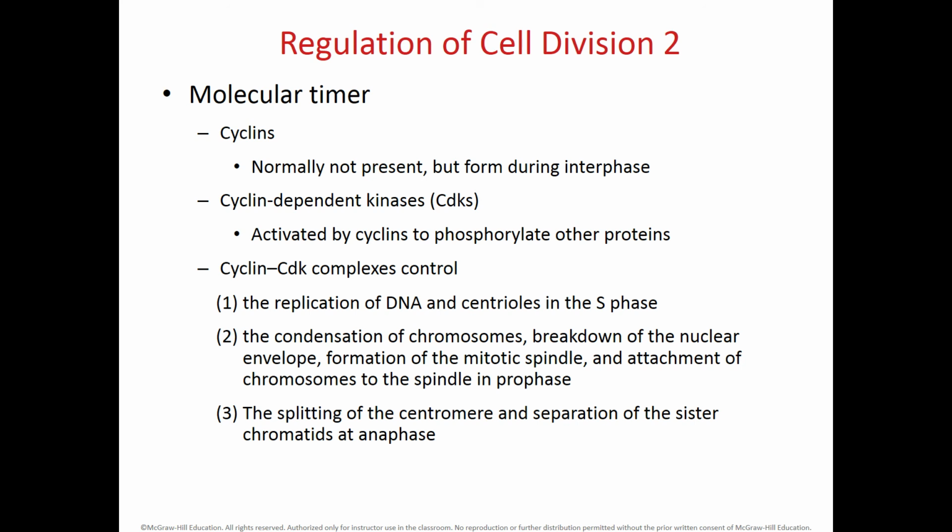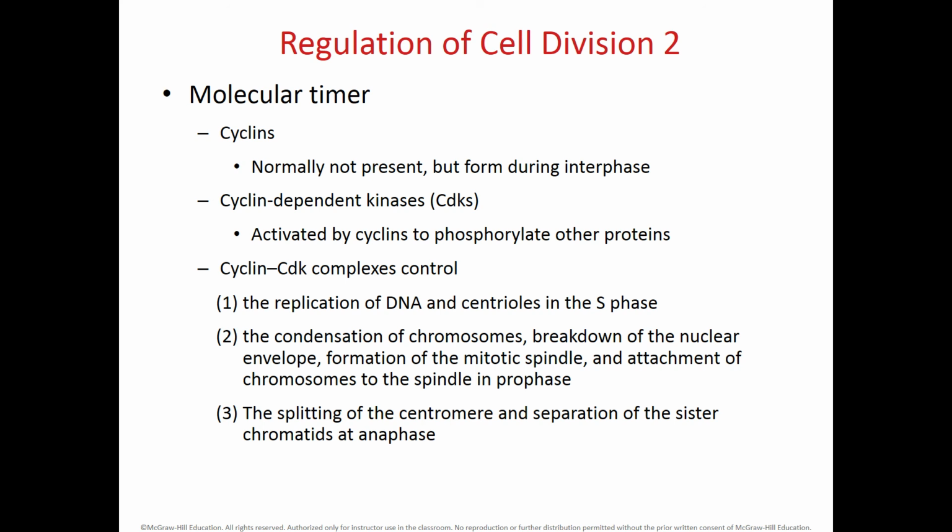And then your chromosomes start condensing, breaking down the nuclear envelope, and then you form the mitotic spindle, and you attach this mitotic spindle to the kinetochores in the centromere of the chromosomes during prophase, and then you split the centromere and you separate the sister chromatids at anaphase.